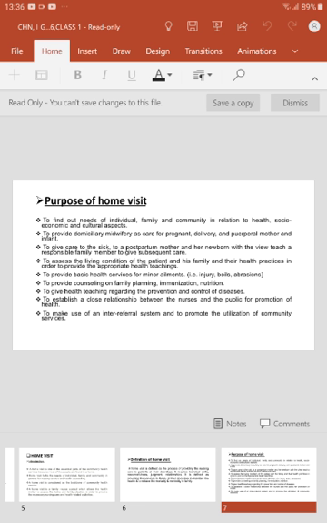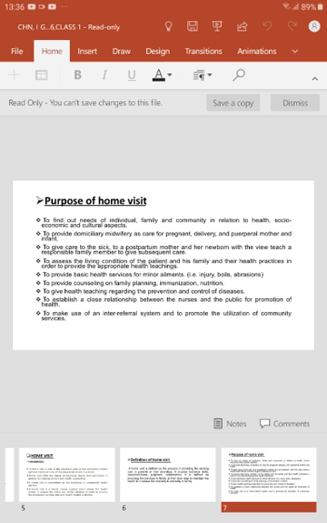We can give care to the mother after cesarean section, and the normal delivery mother care also, and in both cases the baby will be there, so we can give newborn care also. Then we can tell the family members how they can care for the baby as well as the mother.